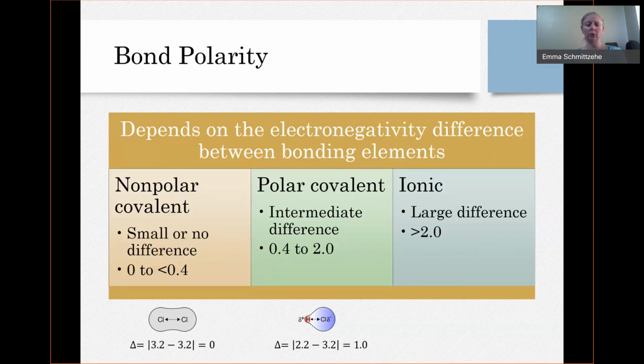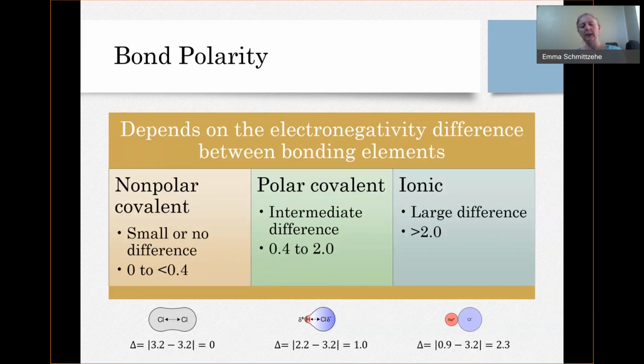And so this is going to form ionic bonds because it'll form ions and those ions will be attracted to one another. And so this happens, for instance, in NaCl. Okay, so if you look up the electronegativity of sodium, you'll see that it's 0.9. And if you look up chlorine, it's 3.2. So if you subtract those, again, like I said, it doesn't matter which direction you do the subtraction, just so you then drop the negative if it comes out negative.